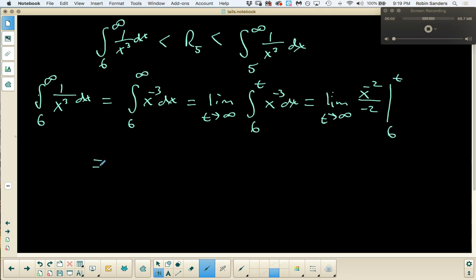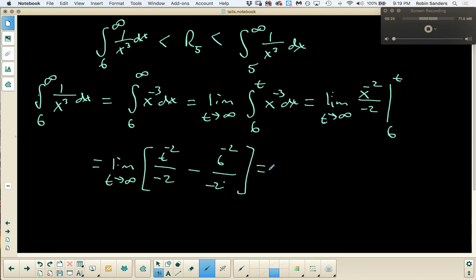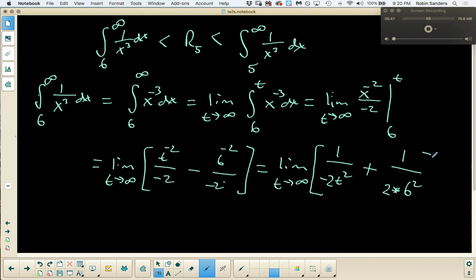So this first integral is going to be the limit as t gets big of t to the minus 2 over minus 2 minus 6 to the minus 2 over minus 2. Let's clean this up. We'll deal with the limit at the end. I want to go back and deal with these negative exponents. We're going to have 1 over minus 2t squared, and then minus 1 over minus 2 times 6 squared.